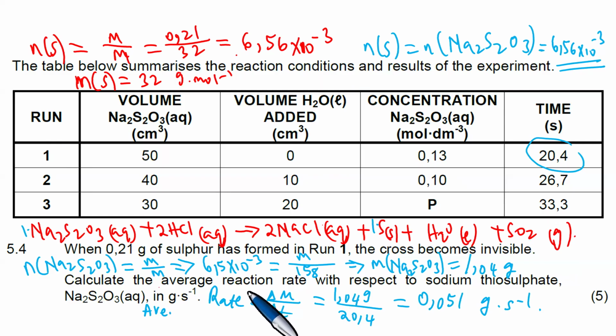Remember that the concentration of sodium thiosulfate is changing. And sodium thiosulfate is the independent variable. Its concentration is the independent variable. So at this point, we started with the sodium thiosulfate whose concentration was different, and we kept changing that: 0.13, 0.10, and so on.